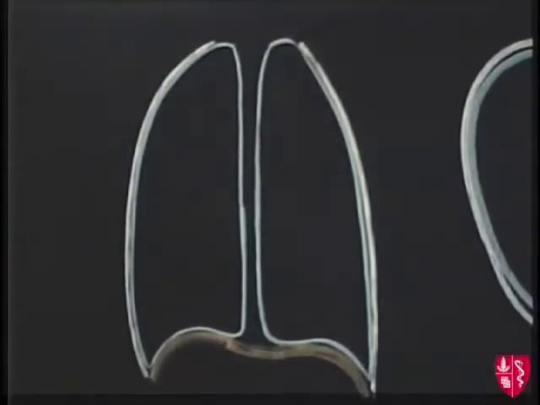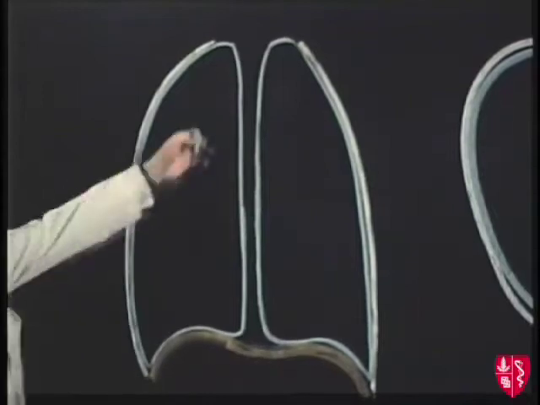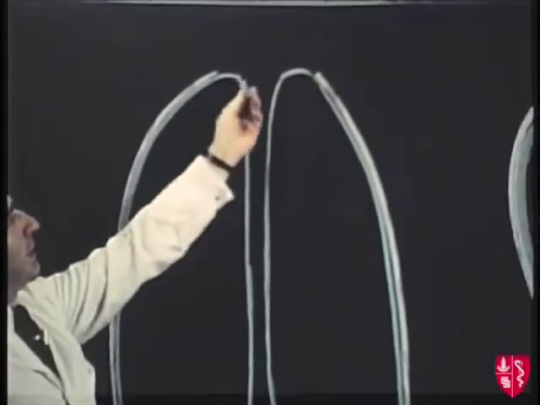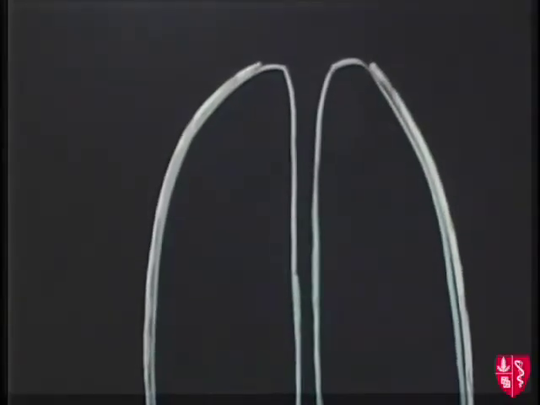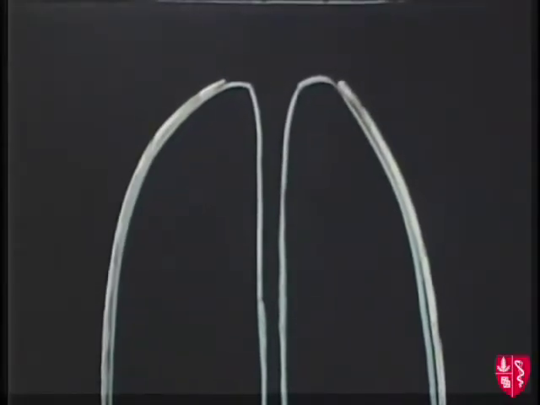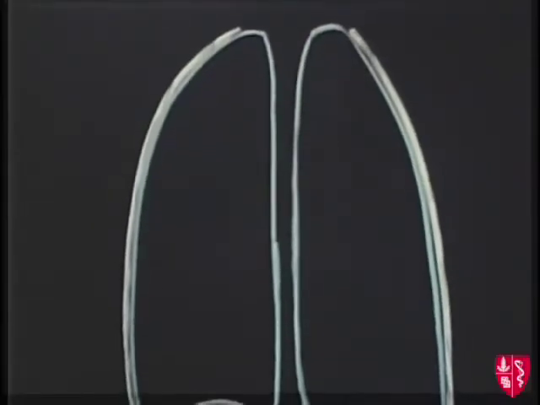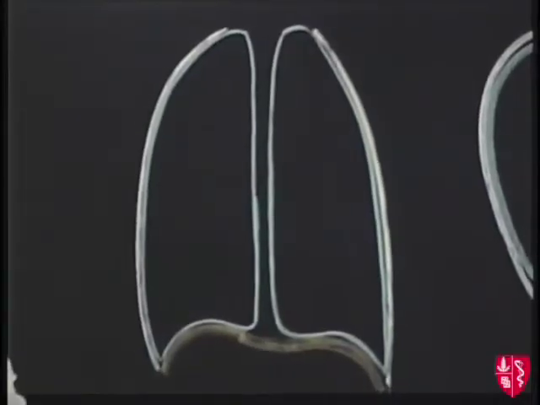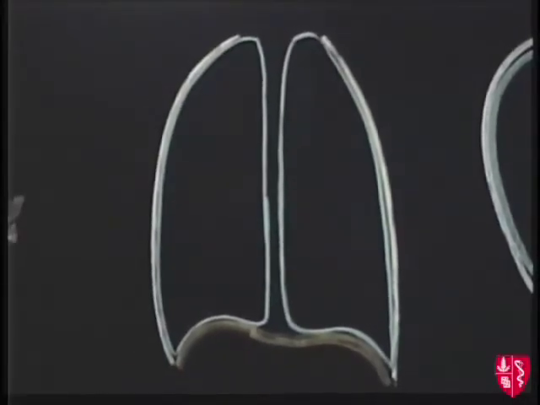I would point out that above here, the parietal pleura extends up into the root of the neck, and it is sometimes referred to as the cervical part of the parietal pleura. Now you must realize that this is a very simplified picture, and we haven't put in the trachea coming down into the mediastinum and giving rise to the lungs on either side.